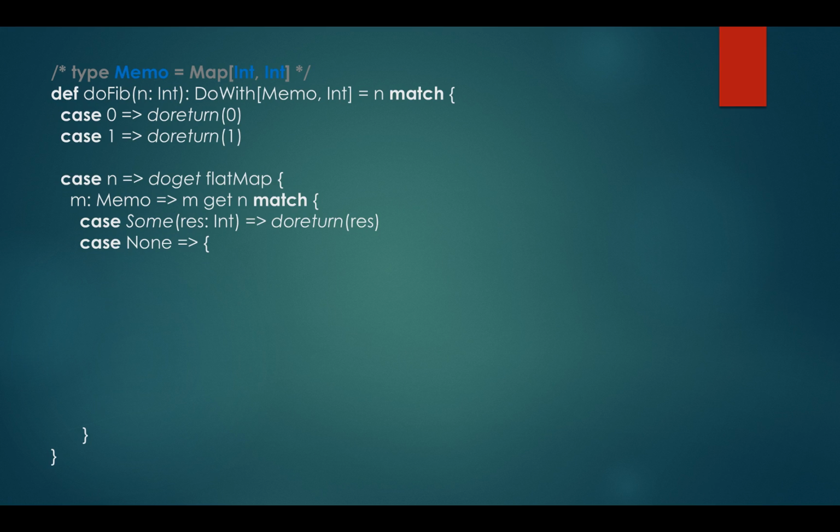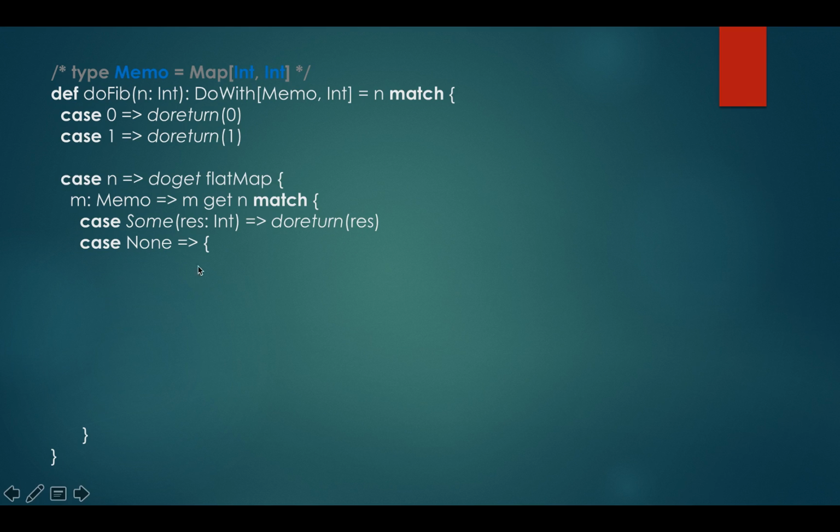But it's actually a memory here, and this will return an option value. So there are two cases. The first case is the Some case. If we have the Some case, which means the value is indeed in the memory, we return that directly according to our do rule.